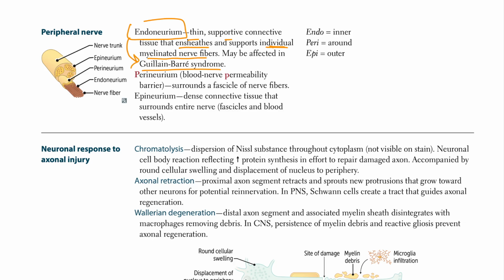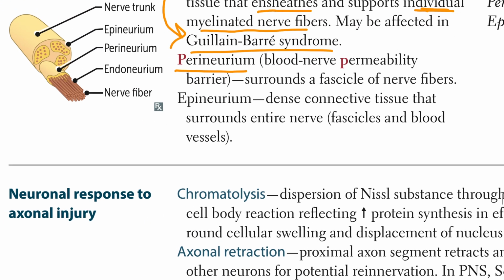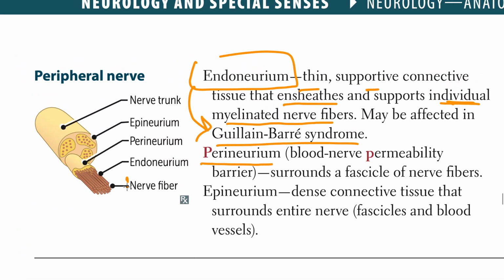Now let's look at the perineurium. Actually, look at the picture here. Here is the nerve fiber. Individual nerve fibers are supported by endoneurium individually, so endoneurium sheaths individual nerve fibers.